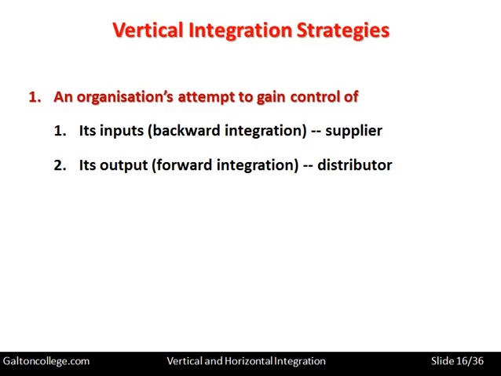It opens a business to supply the components that it needs. That's backward vertical integration. Forward vertical integration is it moves closer to the customer, closer to the market. It opens distribution outlets, it opens shops, it opens ways in which the customer can buy directly from itself. It cuts out shops and warehouses and so on.